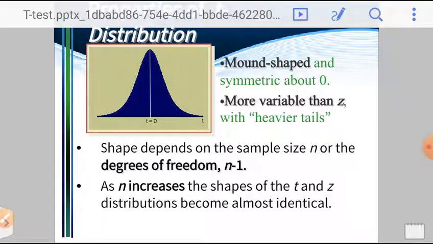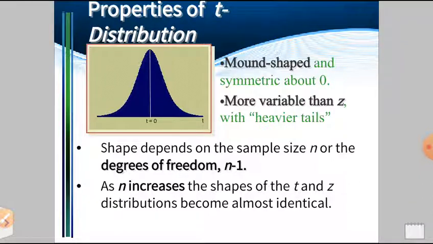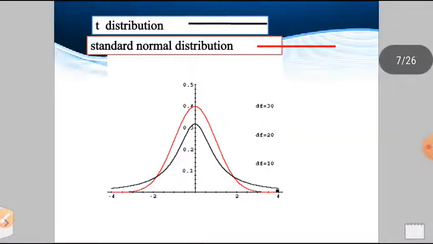And the shape depends upon the sample size, or we can say the degree of freedom. One important characteristic of the t-distribution is that it tends to the z or normal distribution as the sample size increases. It means whenever the n value increases, the t-test approaches the normal distribution.